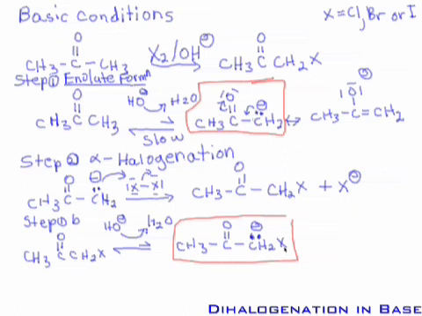The electronegative X helps stabilize the negative charge by electronegativity. That means there's more likelihood to form this carbanion. That means the intermediate, the slow step, is going to accelerate because of the presence of X. That means it's more likely to happen. What that means is even though it's still the slow step, putting a second X on is faster than putting on the original first X. Oh, wow.